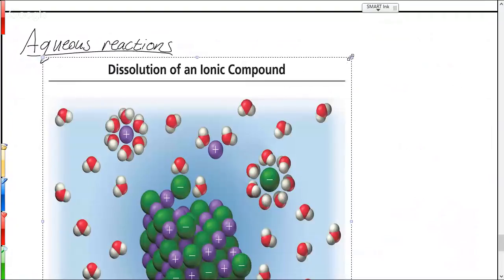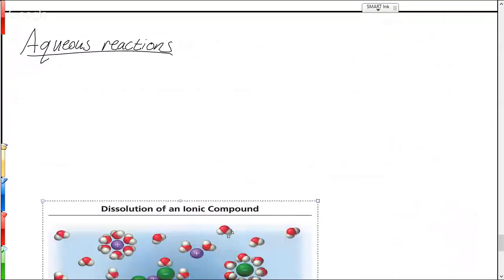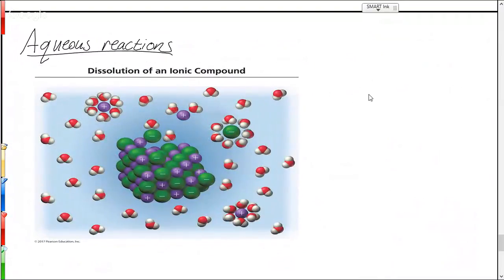So here's a neat picture about how an ionic compound dissolves in water. You probably have an idea of what this means, but it's neat to see it visually. So you've got this chunk of, let's say, sodium chloride, and as it goes into water, the water molecules kind of tear off molecule by molecule and surround them. And so even though these are shown as circles here, they're really spheres. They're going all around. They're encircling the ion completely.